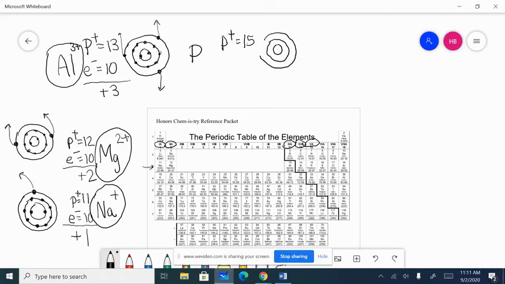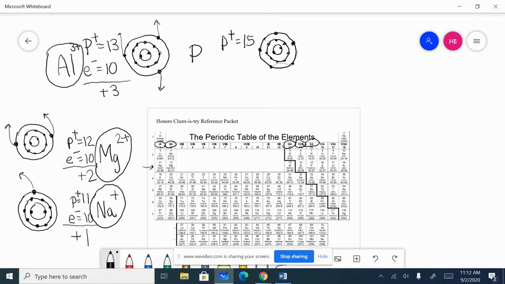Let's fill in all 15. 2 in the 1st energy level, 8 in the 2nd, and then 1, 2, 3, 4, 5 in the outside energy level.